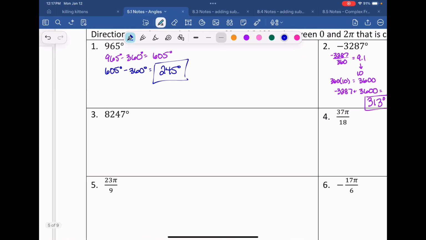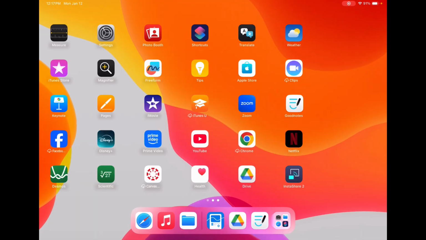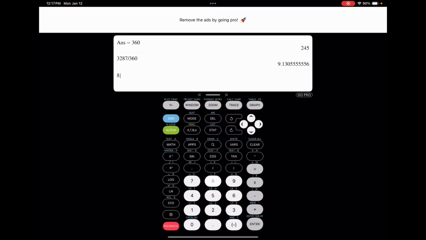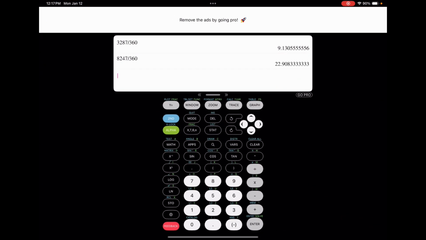Okay, so let's do another one. This one's positive. Okay, so here's the deal with positive. Do the same thing. Divide angle by 360. So 8247 divided by 360. So 22.9.